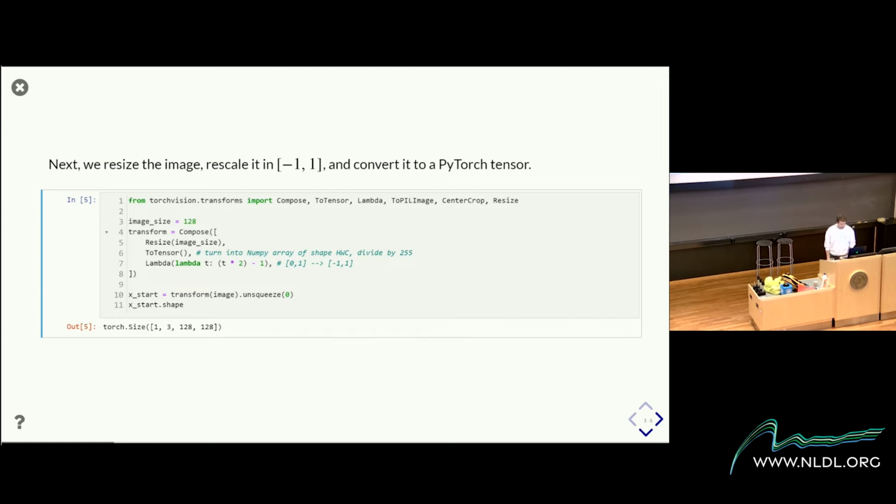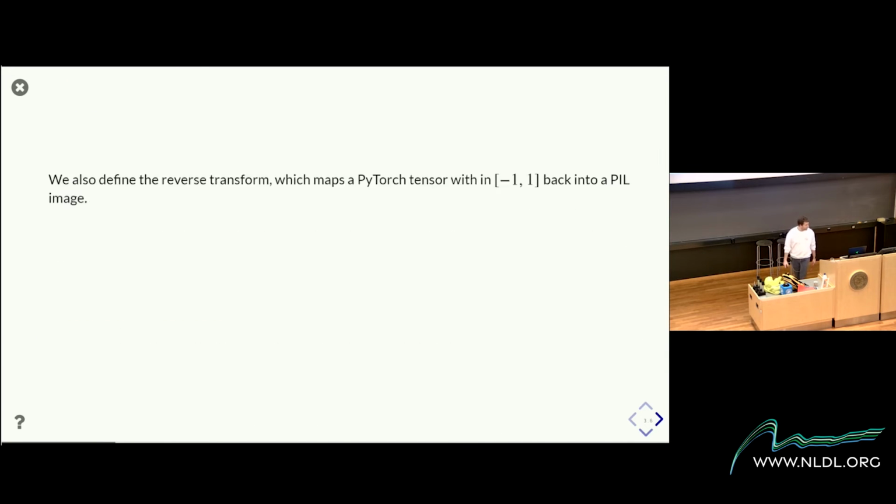The only thing to comment maybe is that I also resize the image to be 128 by 128, so it will be a bit smaller. And then here are the other operations that I said before. If I check the shape of my image, now it's a torch tensor with this shape: 1, 3 channels because it's RGB, and 128, 128, the height and width.